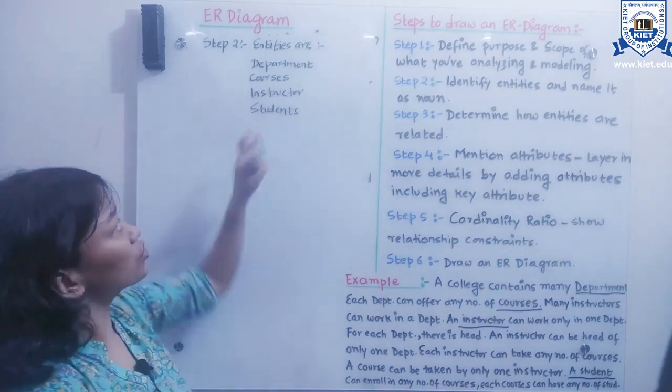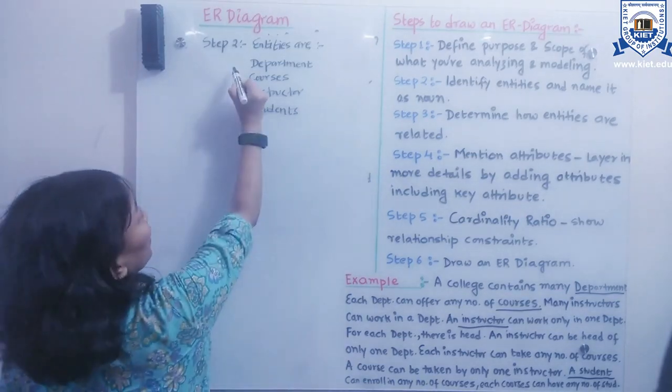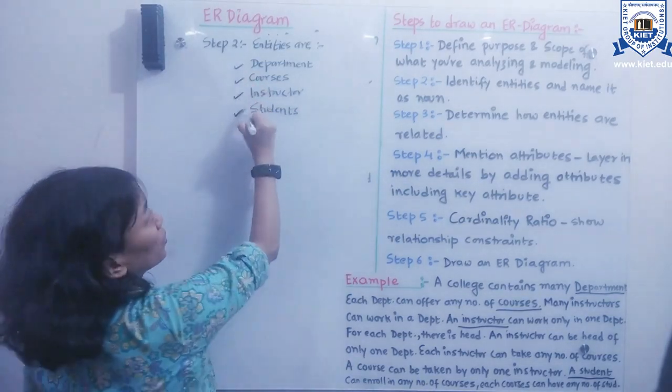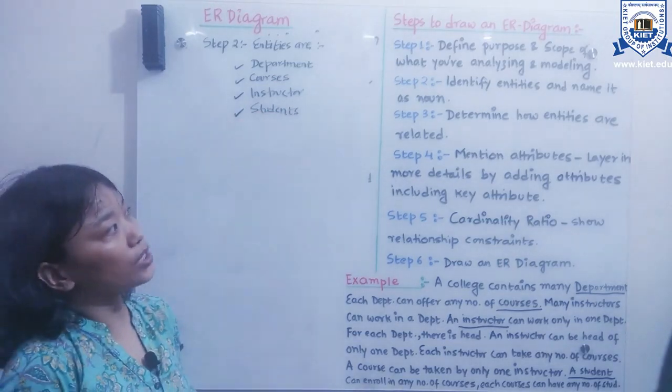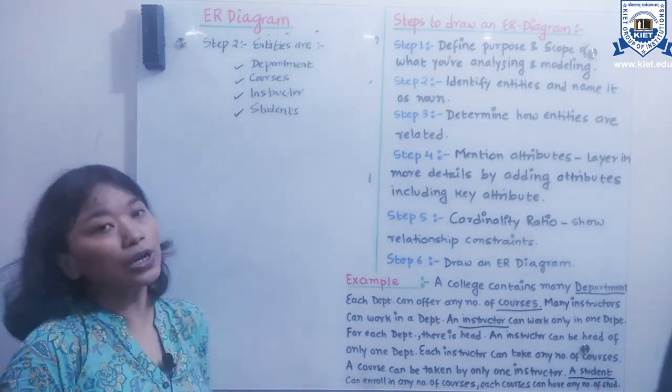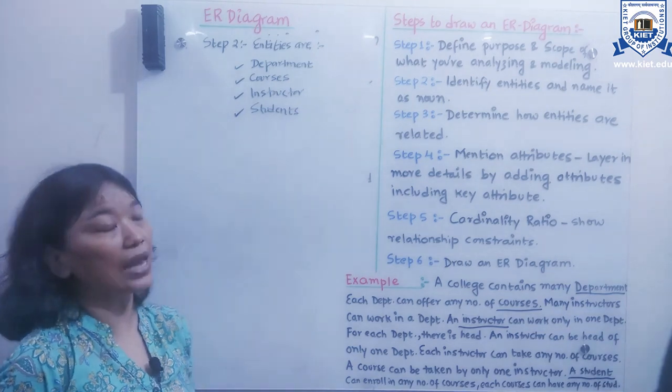I put all the entities, and I can find there are 4 entities, right? In step 3, I need to find the relationships among these entities.